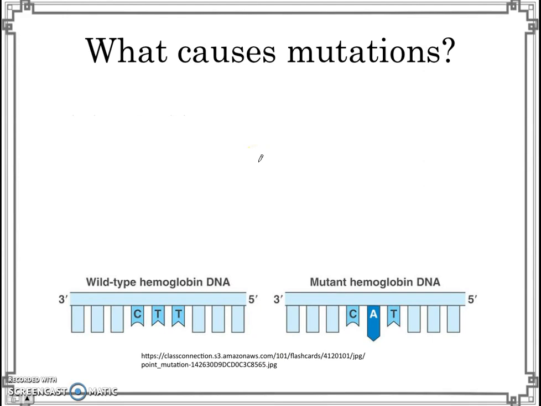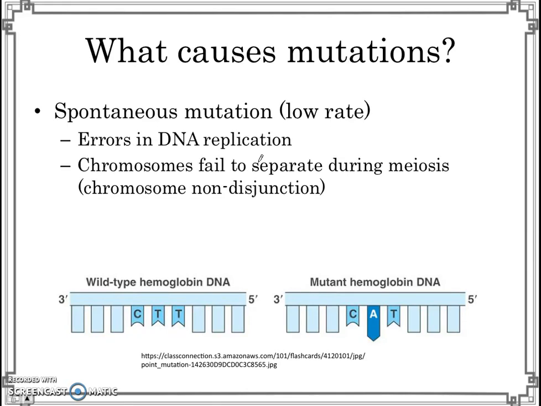Now, I'm just going to end off by talking about what causes mutation. One major cause is called spontaneous mutation, which is due to errors in DNA replication. Remember, when you're forming gametes through meiosis, before meiosis there's always DNA replication.